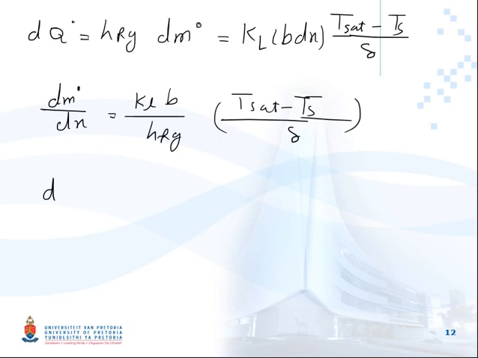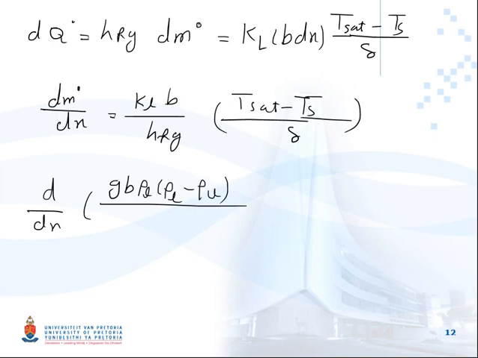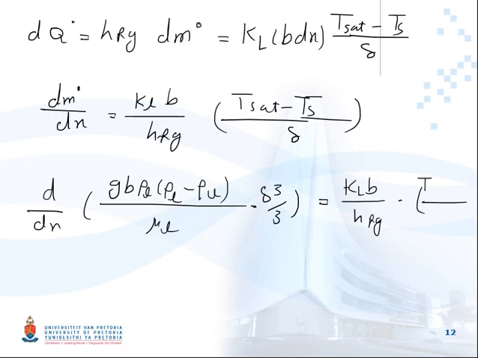So d by dx, put everything that we had for m dot, g rho L minus rho V divided by mu L, times delta cubed, is equal to k_L b divided by h_fg multiplied by T sat minus T_s divided by the thickness.